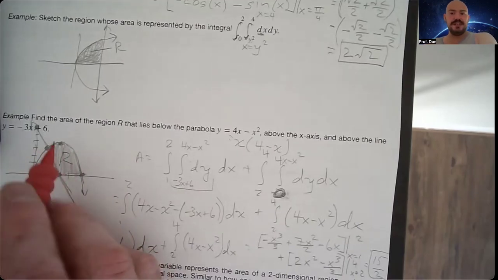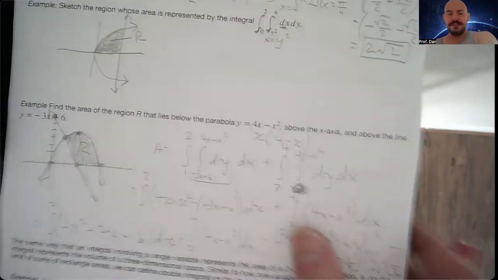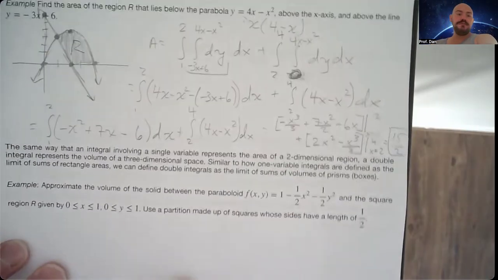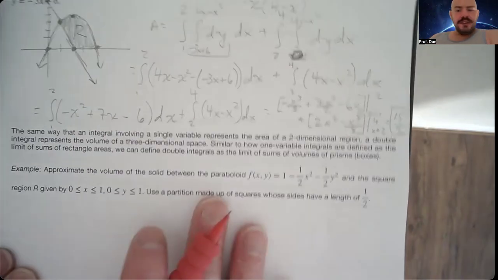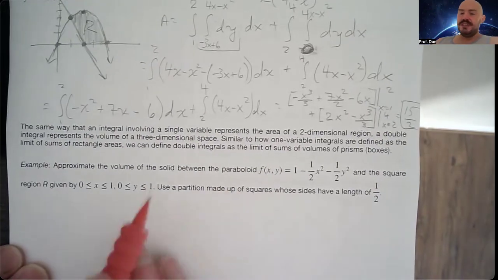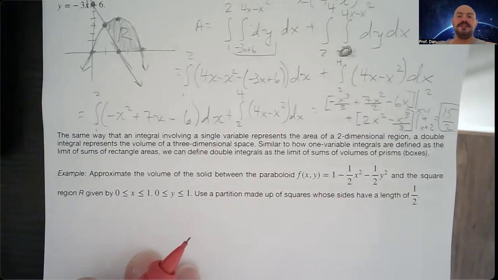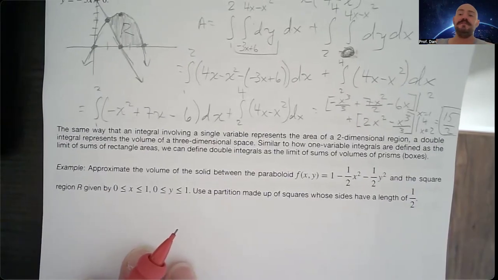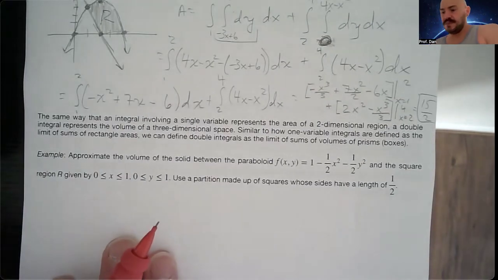It's just now instead of a rectangle, you have a whole box, right? In other words, rectangular prism can be scary. Think of it as a box, right? So if you were to do that and take the limit of the sum of those volumes as the number of rectangular boxes gets larger and larger, that's the definition of a double integral.